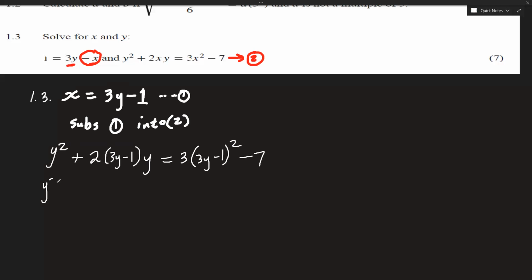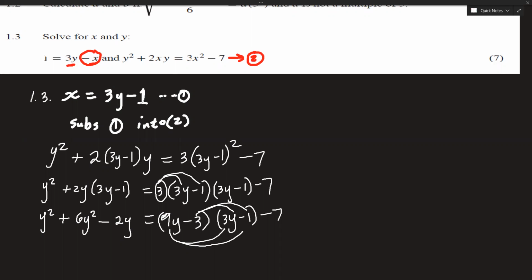So I have y squared plus 2y, because I'm just bringing that and that together. And then let me just do this. I have 3y minus 1 equals to 3. Then we have 3y minus 1. Because of the square, I'm going to open another bracket like that. Then minus 7. So now we have y squared plus 6y squared minus 2y equals to 27, right? 27y squared.